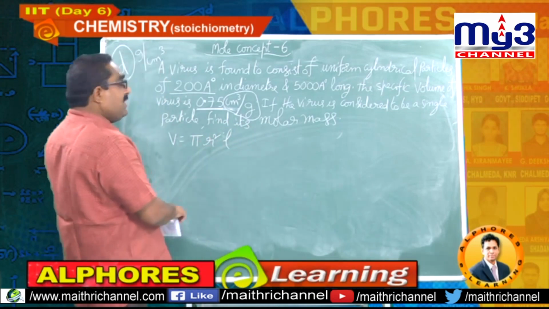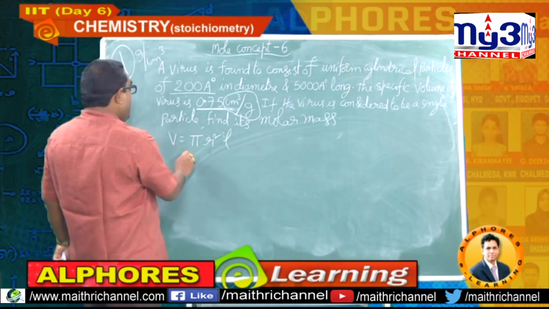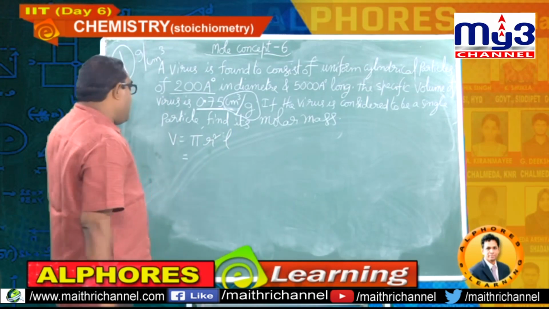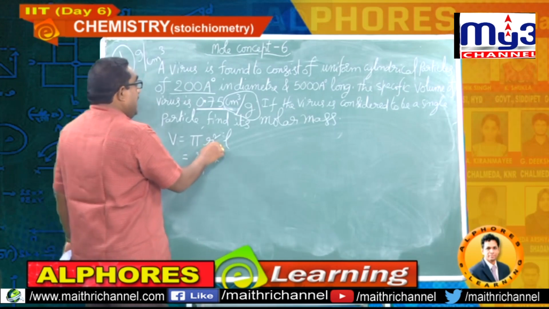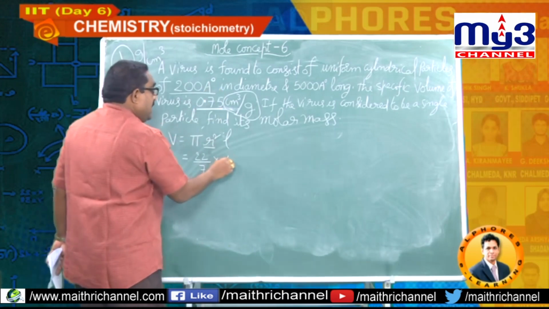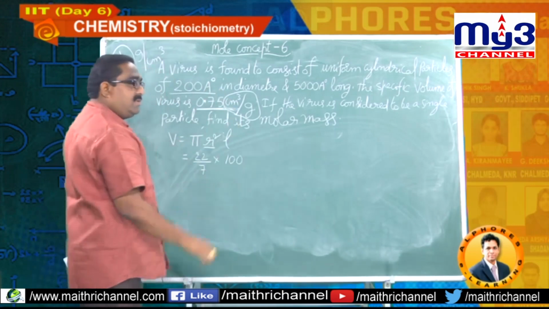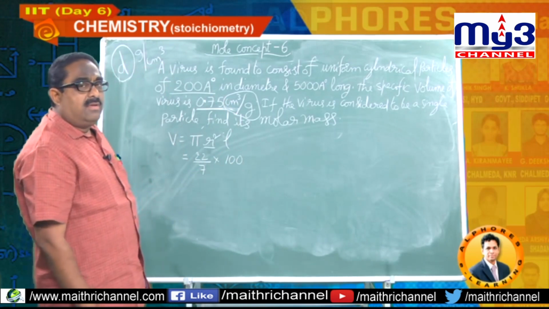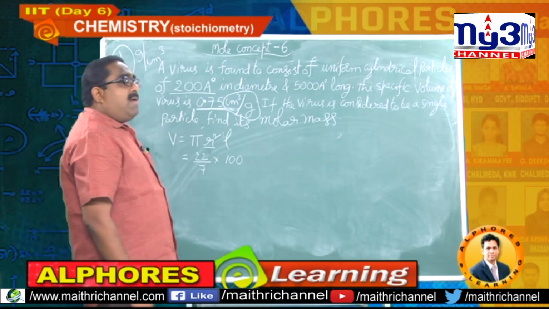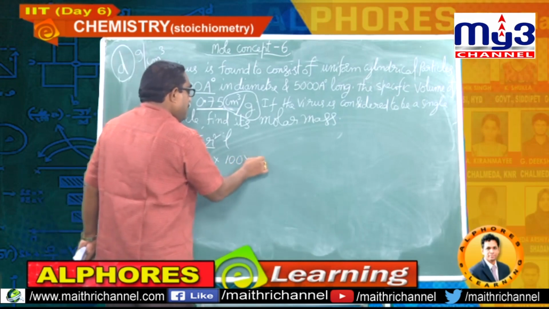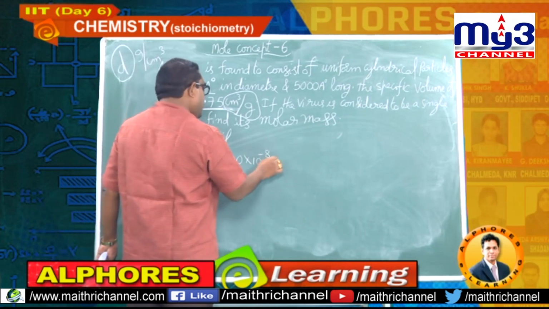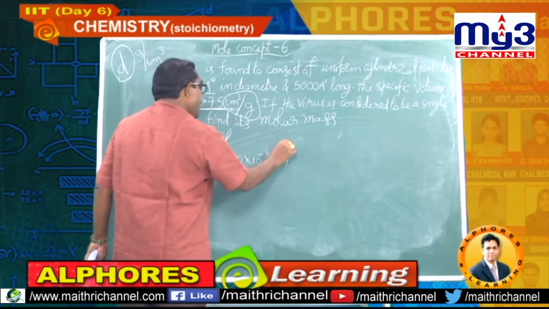Let me calculate volume first. Volume of virus particle, pi 22/7. Radius means half of the diameter, 100 angstroms. Angstrom means 10 power minus 8 centimeter, so I am going to change it: 10 power minus 8 centimeter whole square.